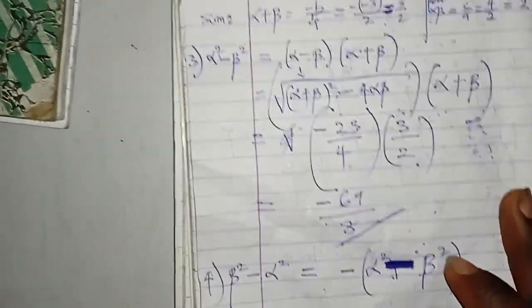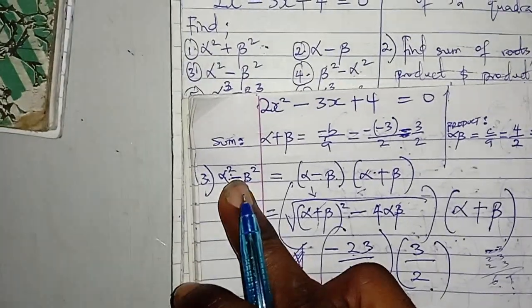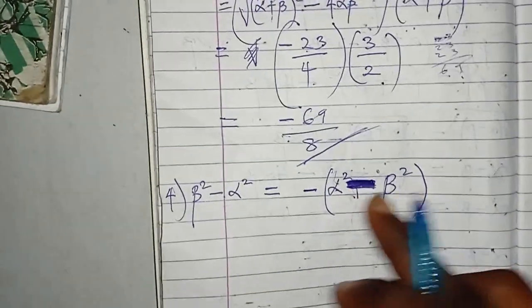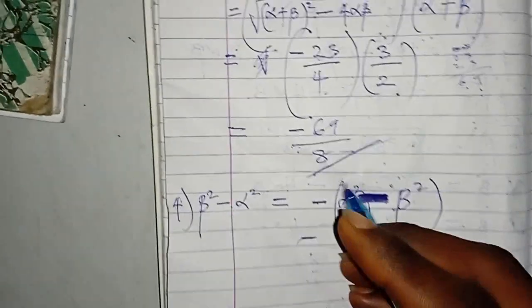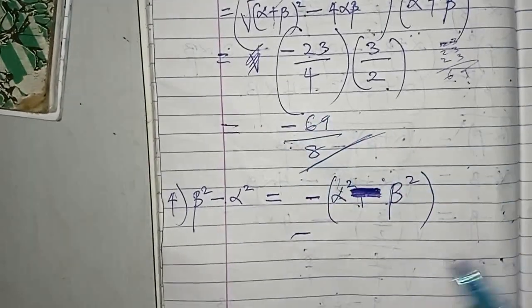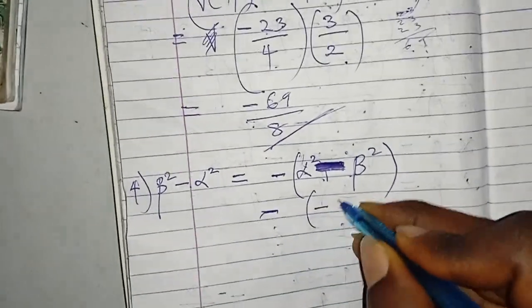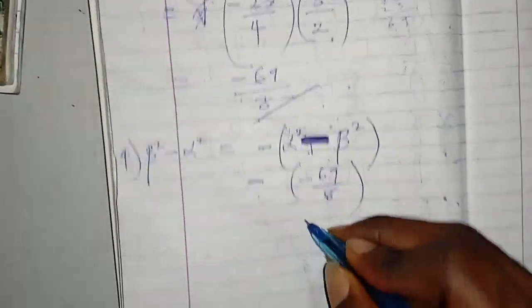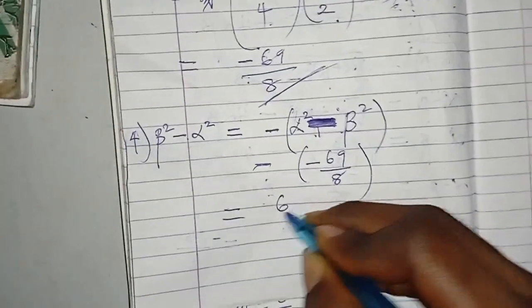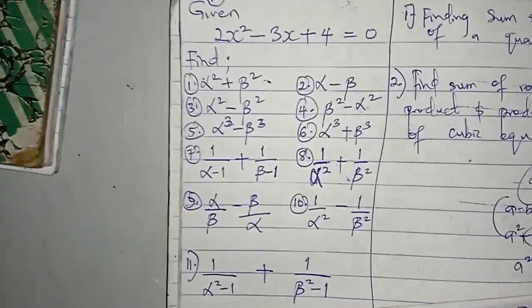So I can choose to write it this way. Very important. You can see that alpha square minus beta square is what is inside here, and there's a minus outside. Alpha square minus beta square is 69 over 8. So minus 69 over 8. Minus times minus is plus, so this equals 69 over 8. Very simple. Okay, let's move to the next one.